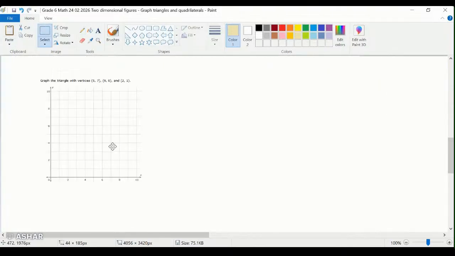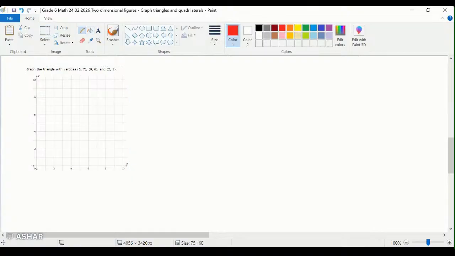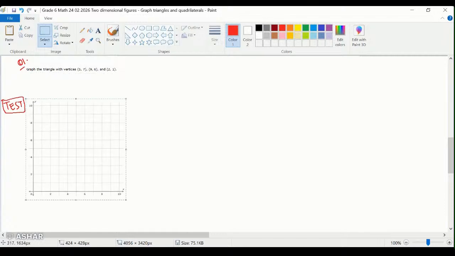Okay, if this is question number 1 from the test, I'll highlight the coordinates so that they are readable. Okay, these are the 3 coordinates given to us.